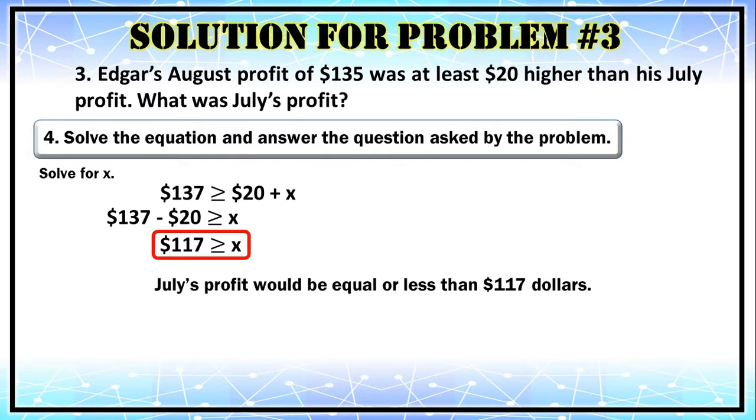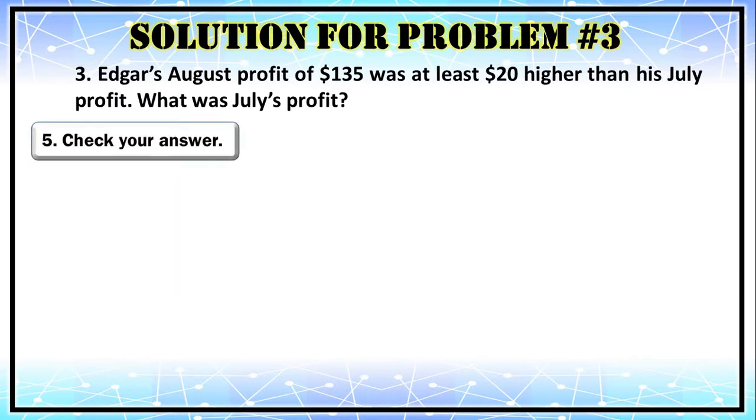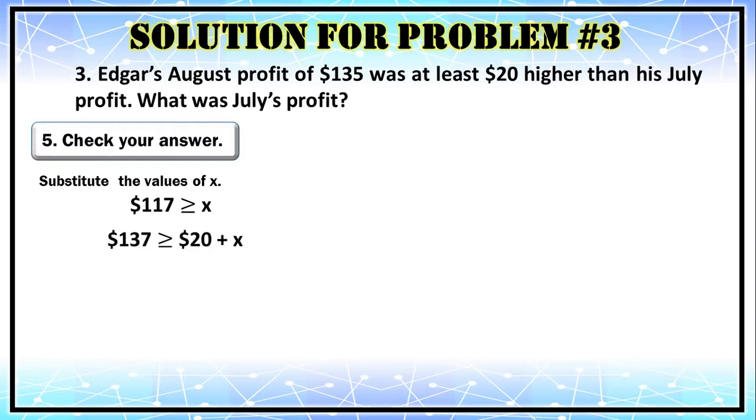So let's check if that is correct. Step number 5 is to check our answer. We have to substitute the values of our x. Since x is less than or equal to $117, we used $117 as the value of our x, since that is the maximum value of our x.